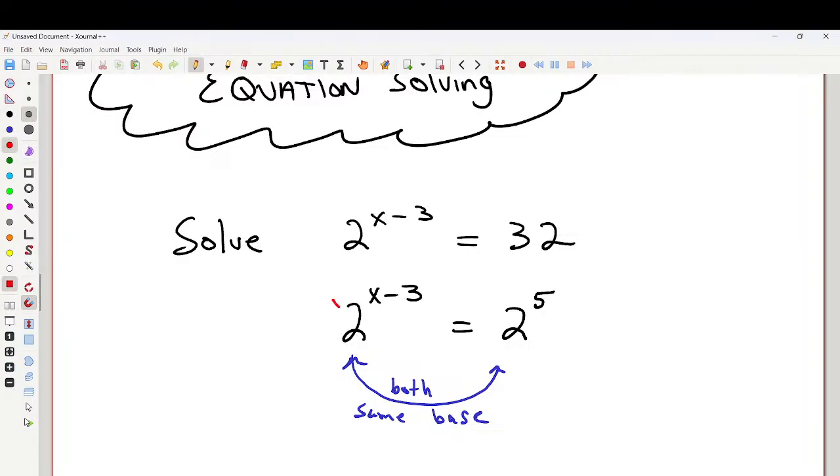So I guess we can imagine just saying if they're both the same base, then we can cross them out and say x minus 3 has to equal 5. If we add 3 to both sides, we get the answer that we found by just looking at it. So now we have a more paper and pencil way of doing it.